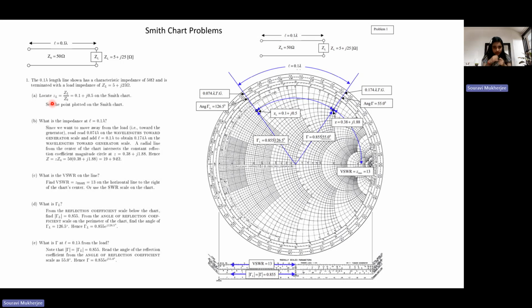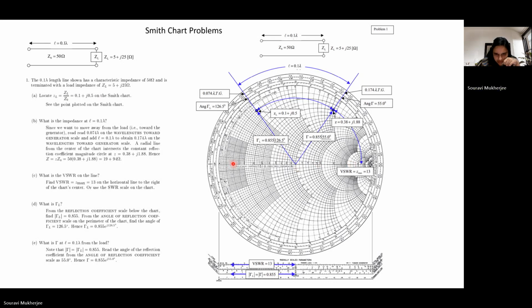This is something we just discussed a few slides back, right? Normalized means you have to normalize this with the characteristic impedance of your transmission line. So ZL by Z naught. So this is your value of the normalized load impedance. Now what you have to do is along this line, see where you have 0.1, right? So you can see this point here.